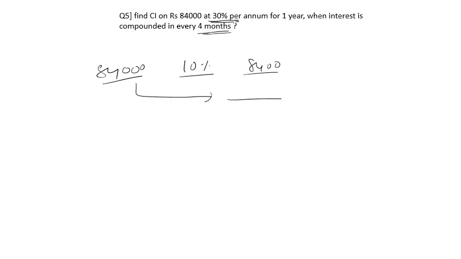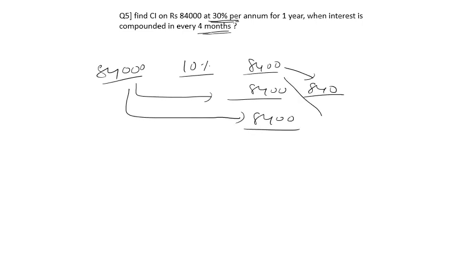Now 10% is 8400, and again 10% of this is 840. Next time again 10% of the principal is 8400, and 10% of first interest is 840. 10% of this is again 840, and 10% of this is 84.